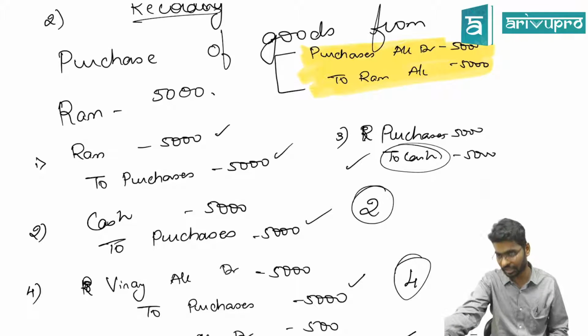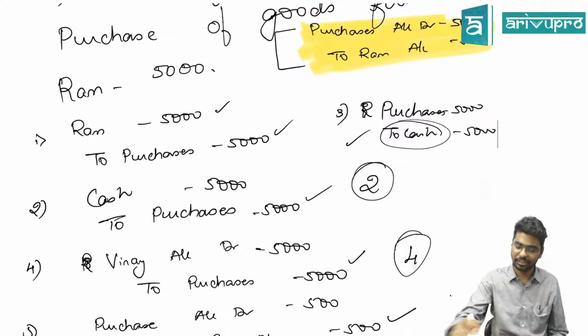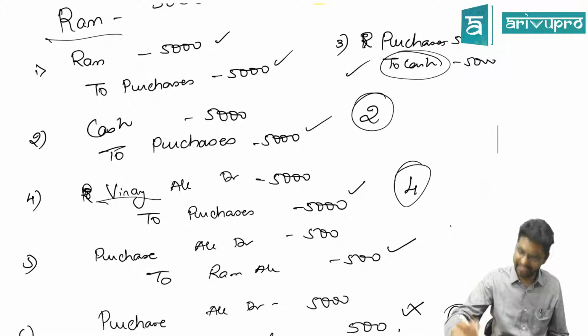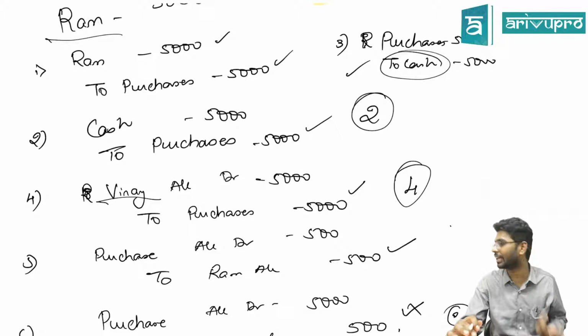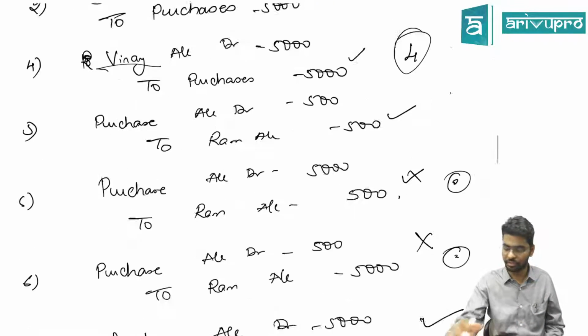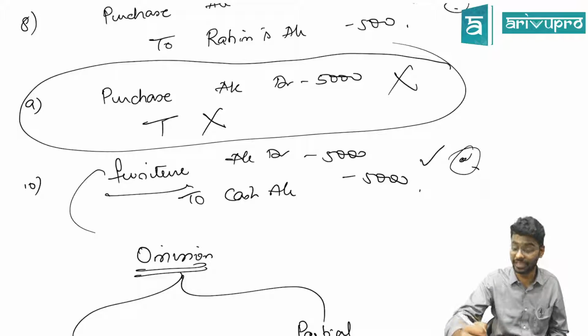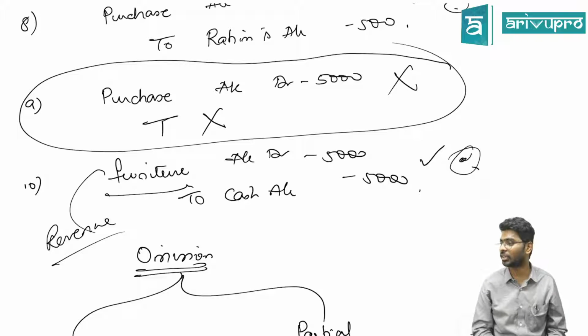Cash would have also come in the balance sheet. Ram would have also come in the balance sheet. But I have given different account names. Ram, Vinay, names are changing with the entries I am doing, but still they are all holding the same thing. So we still consider them to be errors of commission. Whereas here, yes, I have entered a wrong account, but the effect is on my revenue. That is the reason we call them error of principle. Are you clear?